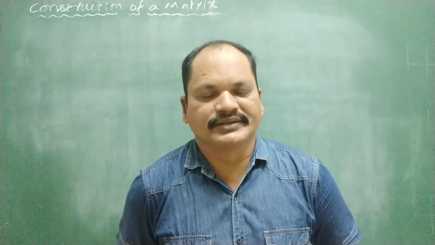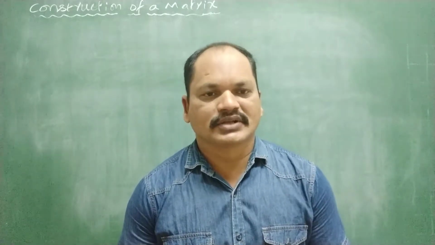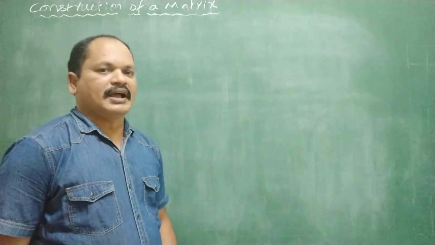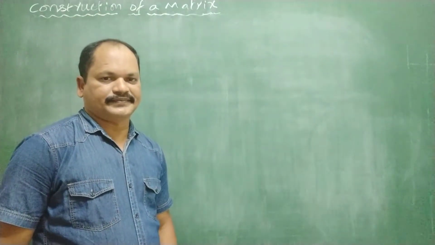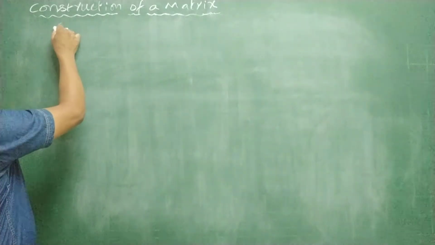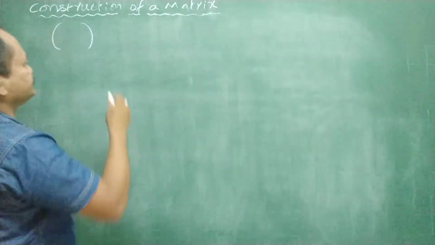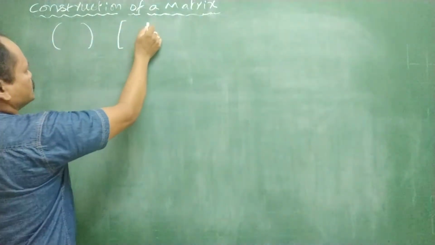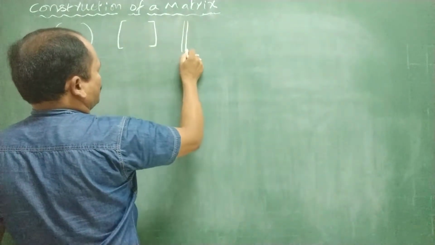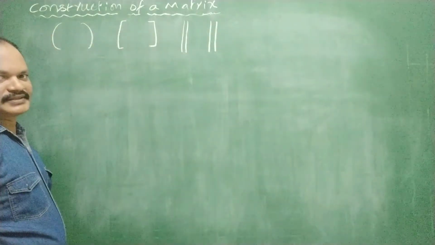Now we are going to look at the construction of the matrix. We have to define the representation of the matrix. Here, two round brackets, or two square brackets, or two vertical bars are the representation of the matrices.